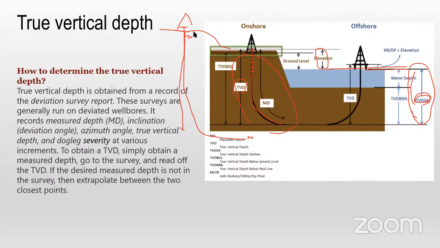The elevation of this one, for example, is 800. Here is 600. If you subtract the TVD from this one or this one, because you have the same reference, now you can compare the depth.